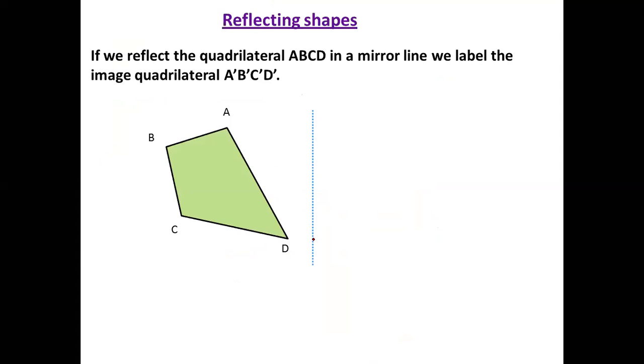Now, guys, look here. This is the new shape, but how do we draw it? A must be at the same distance, B the same distance, C the same distance, and D the same distance. After that, I will connect the points.